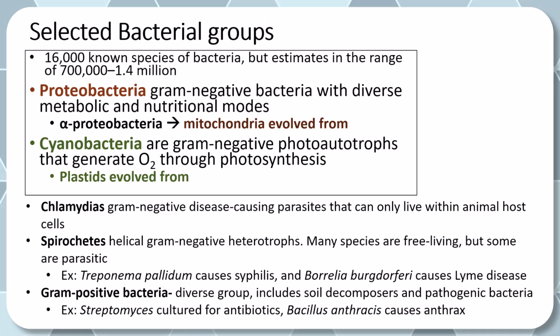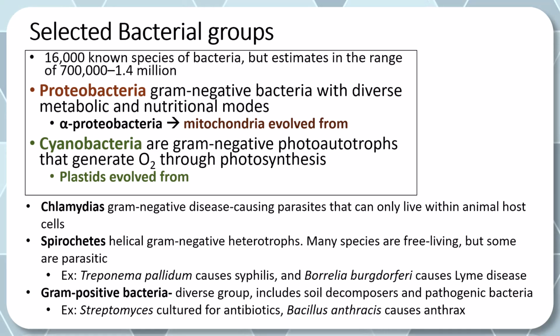Some other bacterial groups which you don't need to memorize are chlamydias, which are gram-negative disease-causing parasites that require animal hosts. Spirochetes, which are helical, so twisty, shaped like a DNA helix, right? Gram-negative heterotrophs. Many species are free-living, but some are parasitic. The causative agent of syphilis and the causative agent of Lyme disease are both spirochetes.